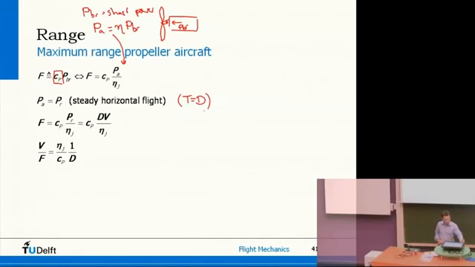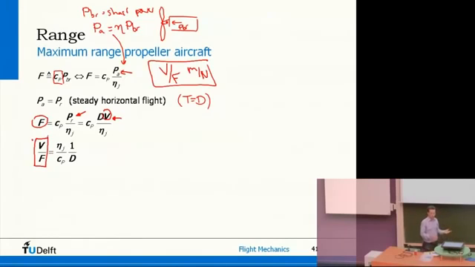So we have fuel flow now here, we have airspeed, and remember, V over F, meters per Newton, is what we try to maximize. So if we rewrite the equation, then we get V over F is this efficiency divided by this constant multiplied with 1 over the aerodynamic drag.